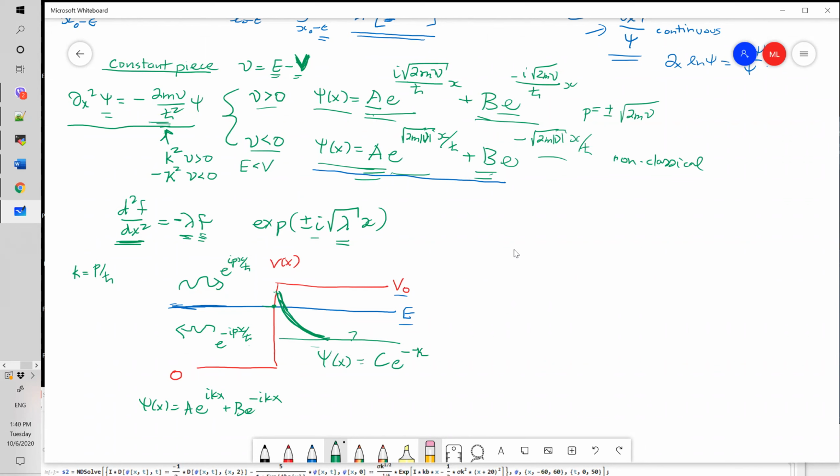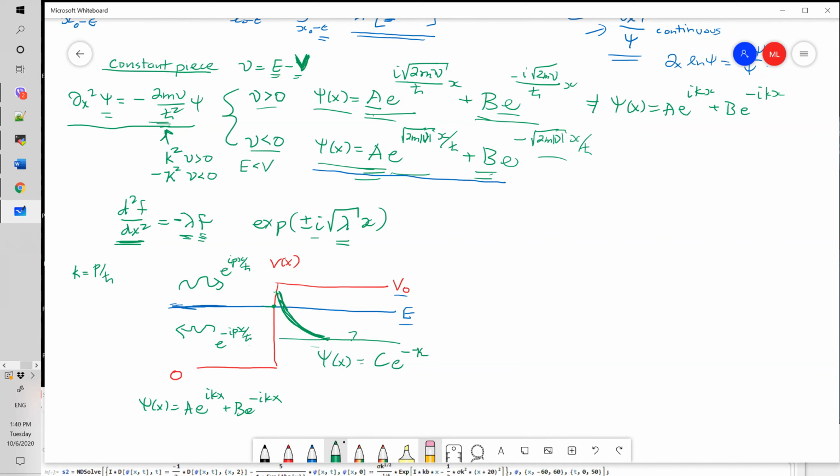Wait, could you restate the sentence you just said before that? Let me just write it here. I can also write these solutions with a new notation. I can write psi of x as a e to the ikx plus b e to the minus ikx, where k is the square root of 2m nu over h bar squared.